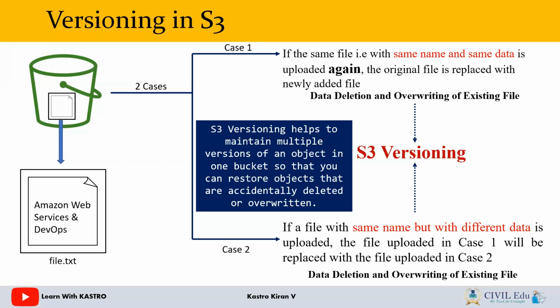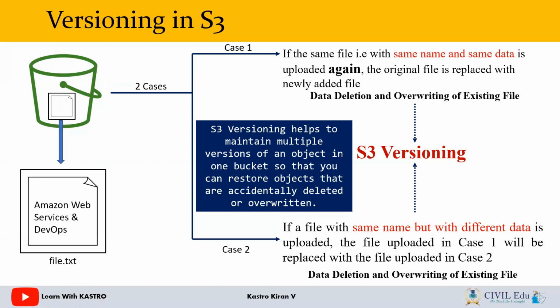Suppose I have created a file called file.txt and uploaded it into one bucket. When I upload the same file name into a different bucket, there won't be any problem of data deletion and overwriting. The problem comes only when you upload the file with the same name multiple times into the same bucket. When you upload it into different buckets, the problem will not come.